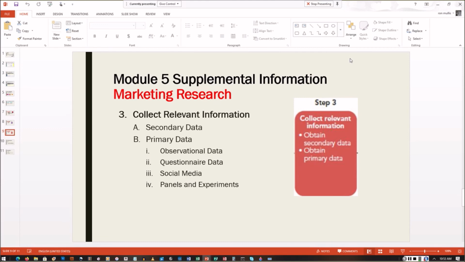The individual interviews that take place is where one researcher will conduct a one-on-one interview with the consumer. And these have traditionally been utilized to generate certain marketing ideas.